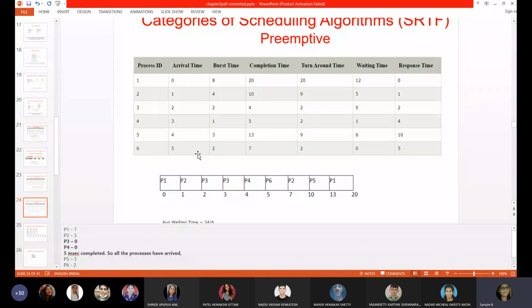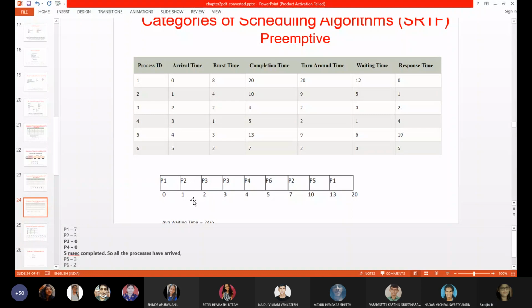Now P2 enters. What is the CPU burst time of P2? 4. In that, P2 executed 1 millisecond, because I said after every millisecond you have to check. So after completing 2 milliseconds, in total how many milliseconds got over? 2 milliseconds.